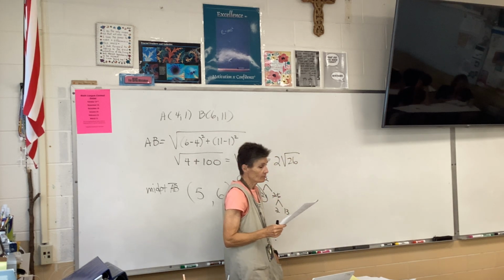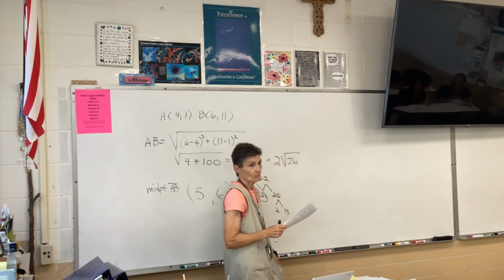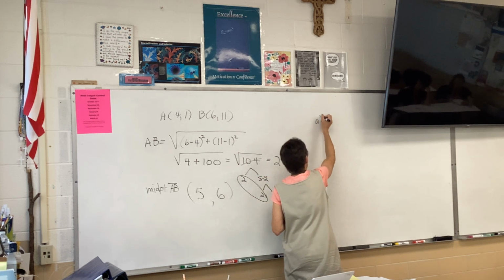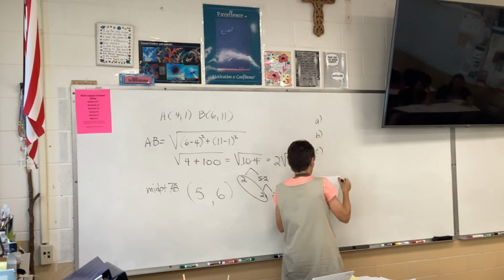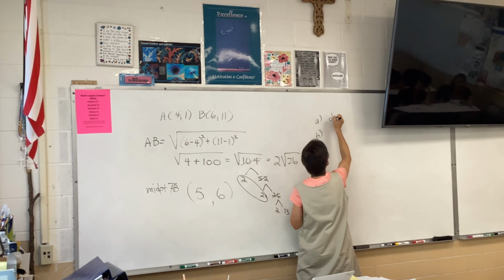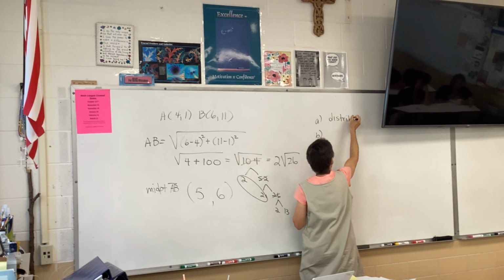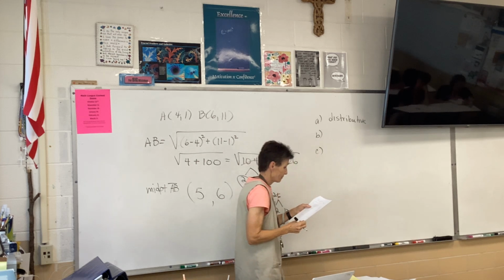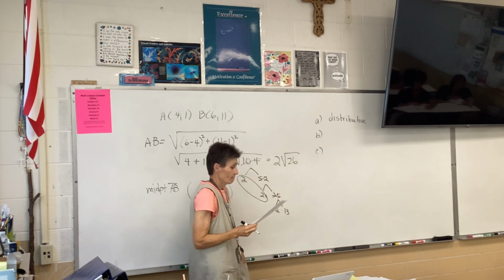All right, here we go, number 3, last one. Looks just like the other ones. Here we go, properties right off the bat. Do you recognize any of them? The first one's distributive. How about the other 2?